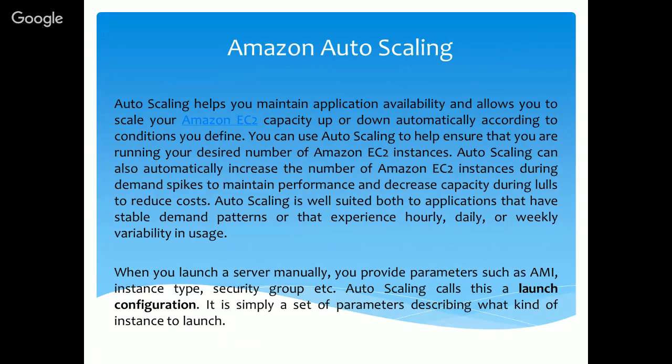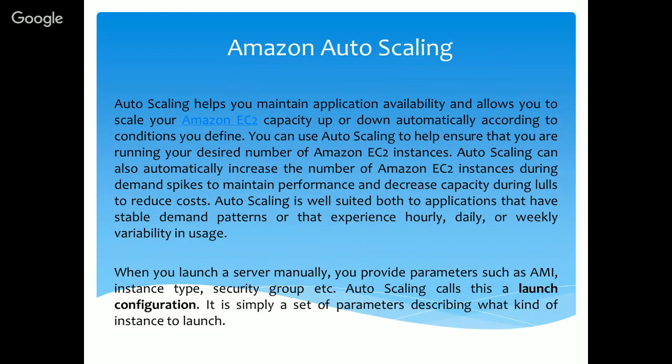Amazon's auto scaling helps you maintain your application availability and allows you to scale your Amazon EC2 capacity up or down automatically according to conditions you define. If you recall from our last session, I introduced a new term, elastic computing. That's nothing but auto scaling.